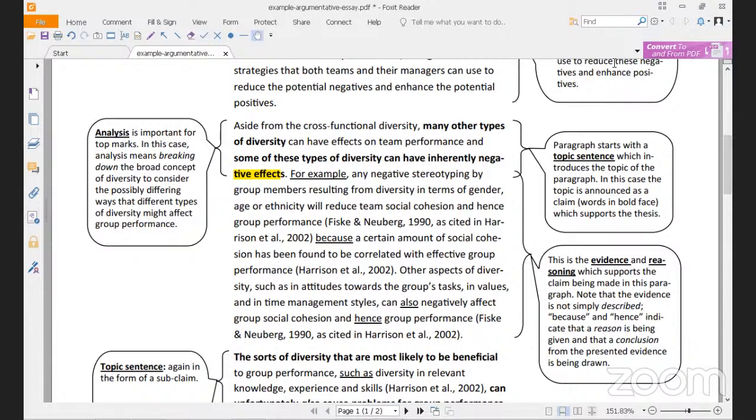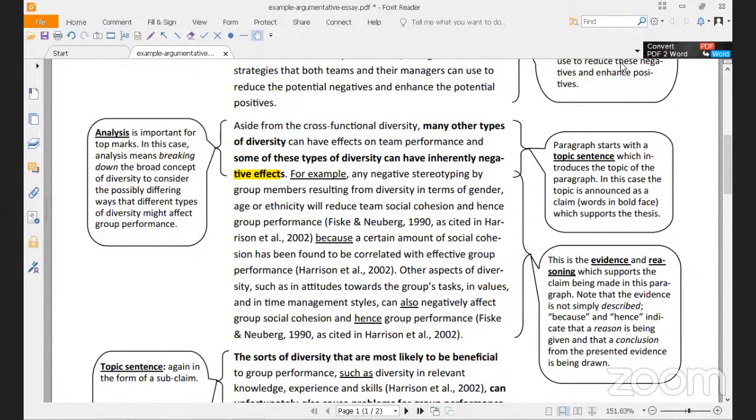As cited in Harrison, because a certain amount of social cohesion has been found to be correlated with effective group performance, other aspects of diversity, such as in attitudes towards the group's tasks, in values, and in time management styles can also negatively affect group social cohesion and hence group performance.